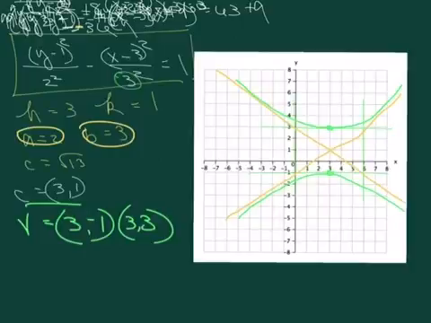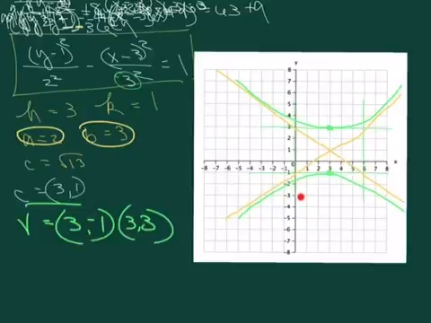It's going to be whatever h is, and then that'll be the first value. The second value will be whatever k was minus a. So k is 1, minus 2 is -1. And then my other point is going to be whatever h is, 3, and then it's going to be whatever k is plus a, 1 plus 2, and that gives me 3. Okay. Then we did the asymptotes.